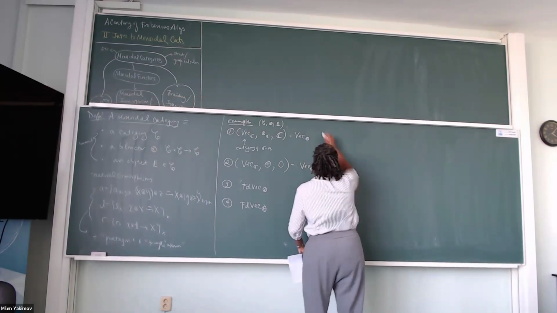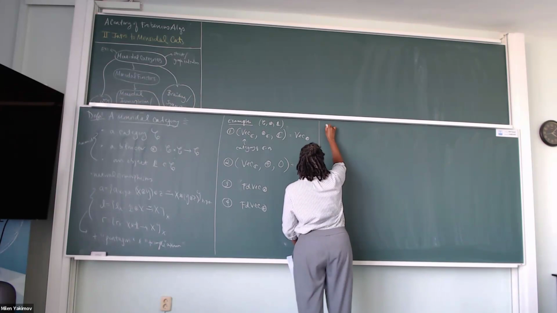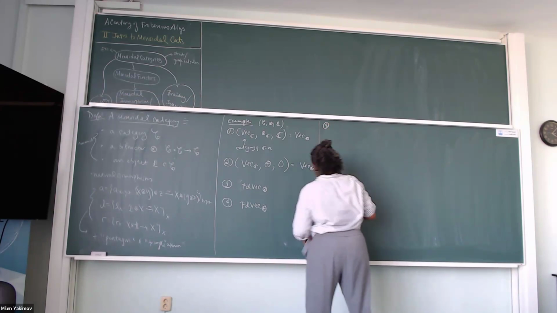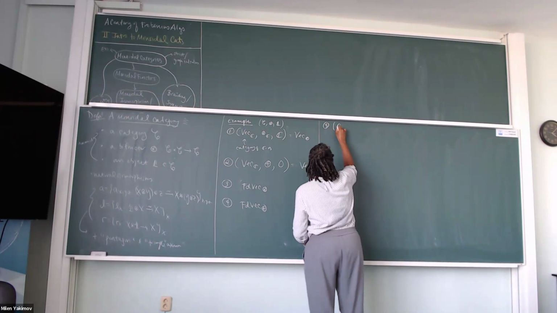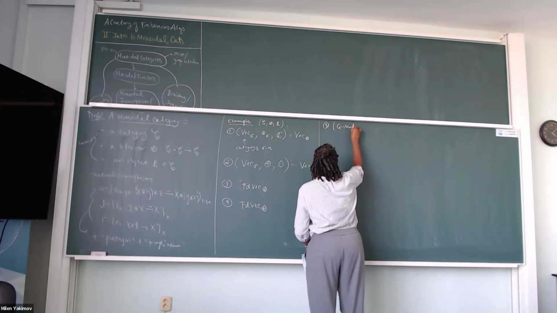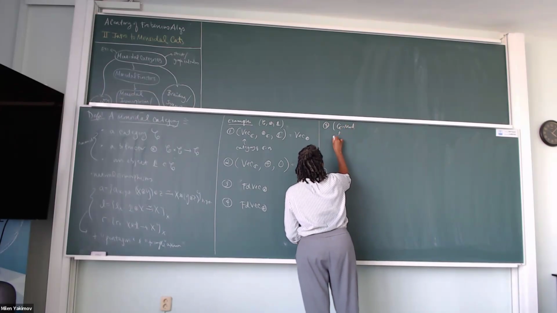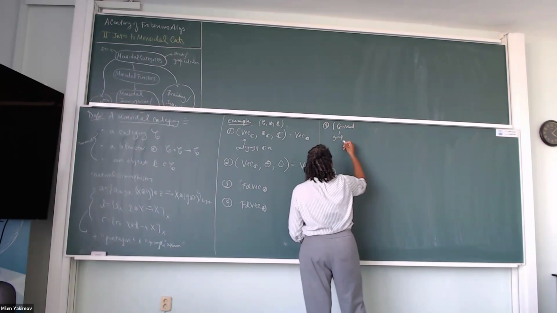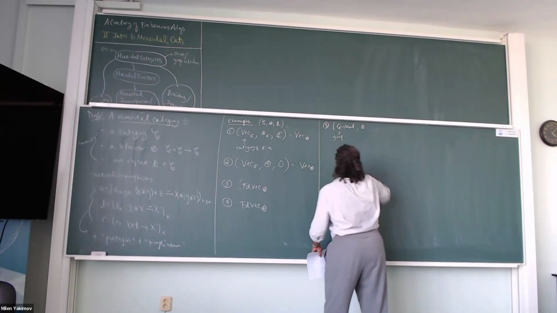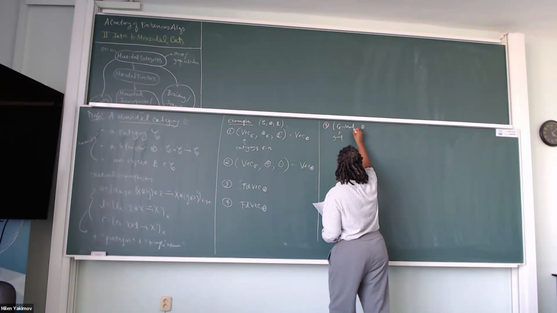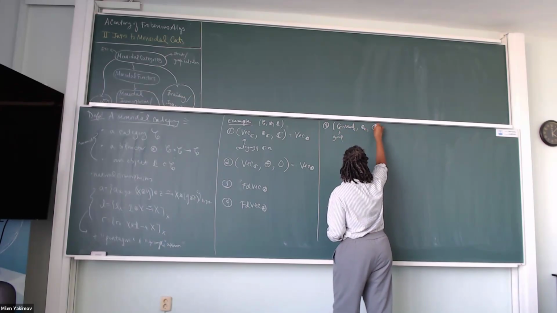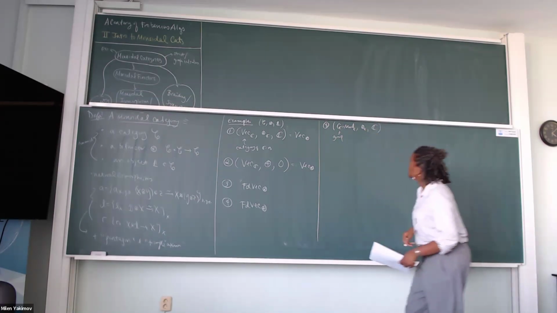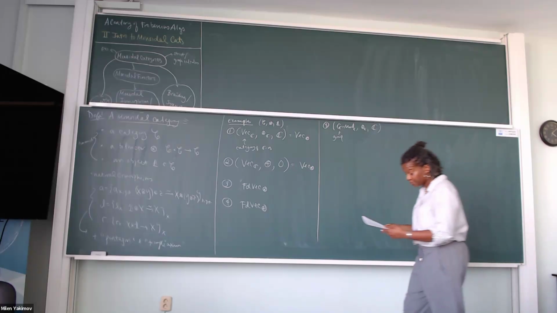I can also take modules over a group. So if I have G as a group, I can take as a monoidal product just tensoring over C and taking the C to be the trivial G module.